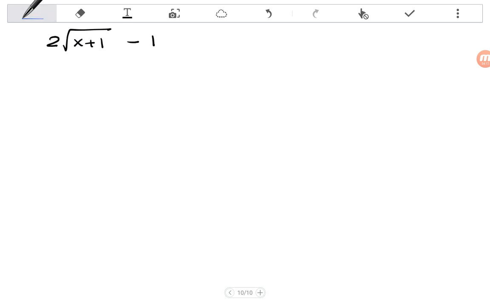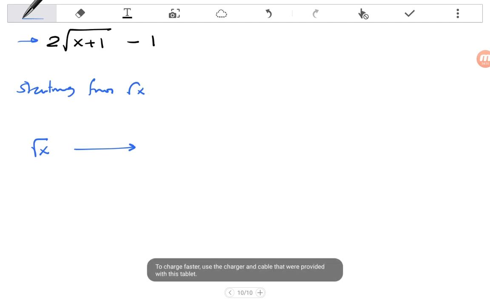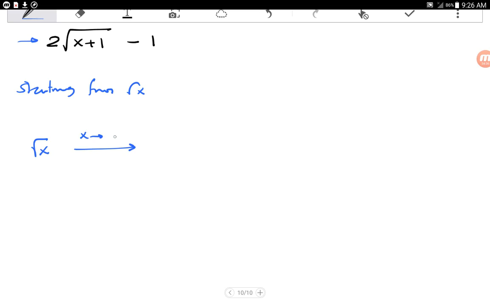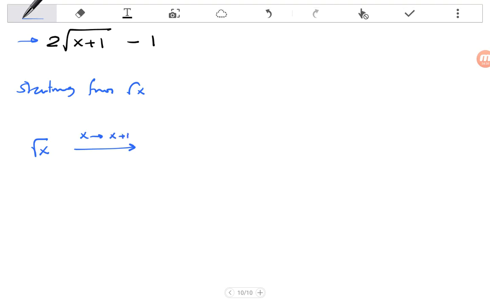Starting from root x. Okay, let's start from root x. What transformation would I do to make it closer to this form? Let's replace every x with x plus 1. So that gives me root x plus 1.